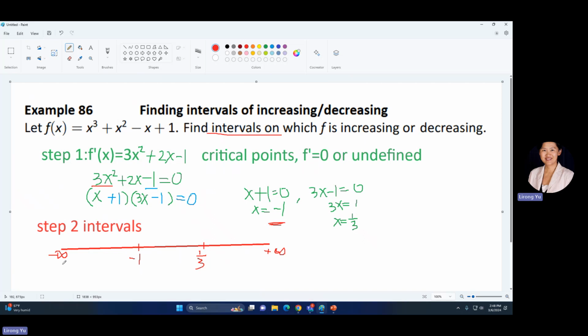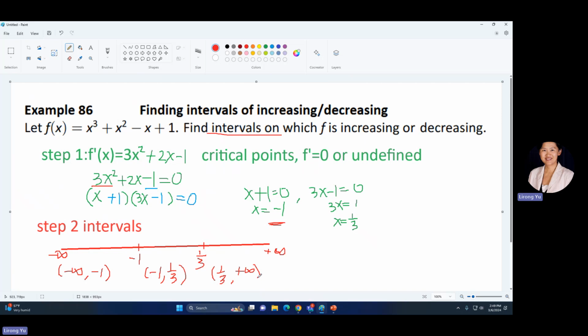The first interval is from negative infinity to -1, and then -1 to 1/3 is the second interval, and then 1/3 to positive infinity is the last interval. This is how we construct the intervals from the critical points that you saw in step 1. So step 1 is important because it affects how you construct the intervals.